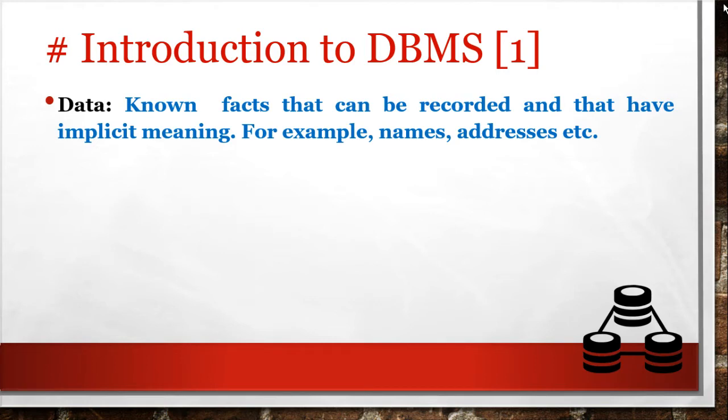Means if I have a number, I can identify whether it's a mobile number, a house number, or a name, an address. So all these things can be identified by having the implicit meaning. And when the data, the raw facts or raw information, is processed, it becomes information. So this type of processed data is known as information.